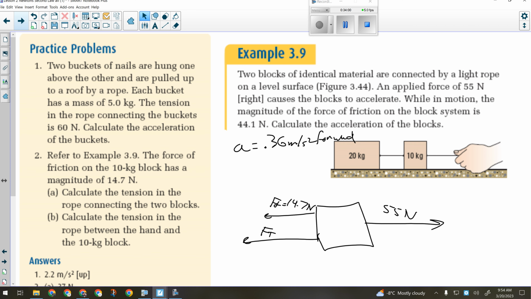And can I then use that to calculate Ft? So how do I calculate the net force? I'm going to use the vector sum of all forces second.